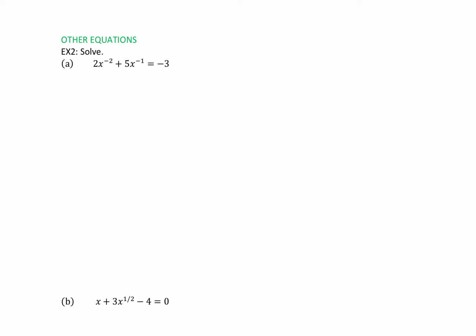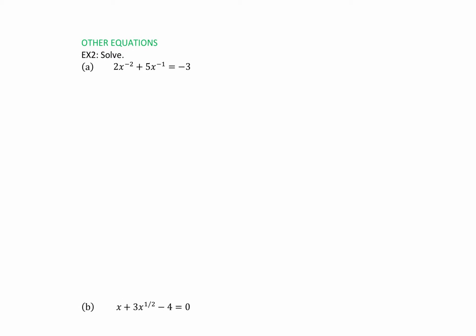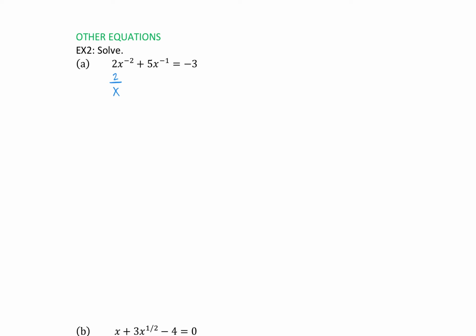And now let's look at some other equations. Although these are not equations involving roots, they are equations involving negative integer exponents and then rational exponents. So we do have to be careful with these as well to make sure that our solutions do check out. In the case of negative integer exponents, recall that if I were to make these exponents positive, so this is example 2a, I would write this as 2 over x squared plus 5 over x, and then equal to a negative 3.